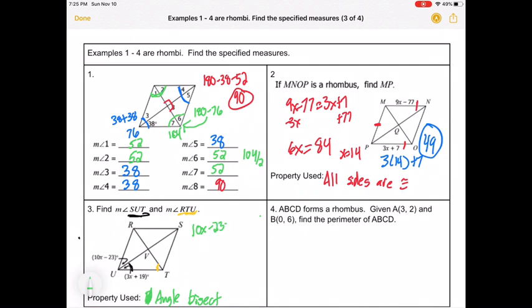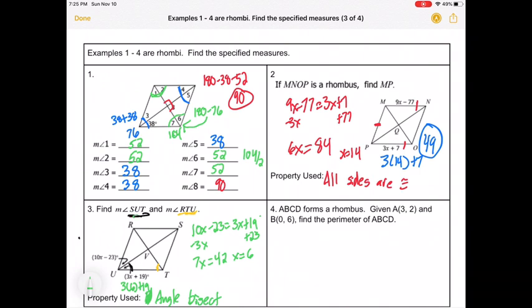10x minus 23 equals 3x plus 19. Minus 3x, plus 23. 7x equals 42, so x equals 6. You plug in 6, 3 times 6 plus 19 gives you 37.